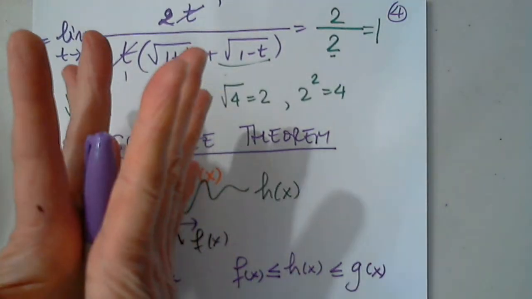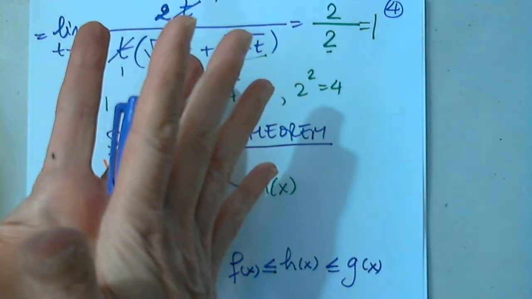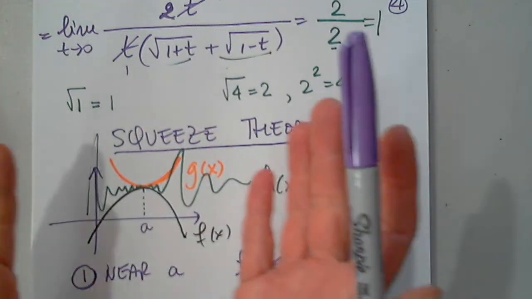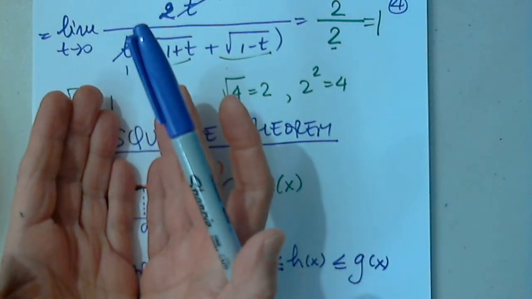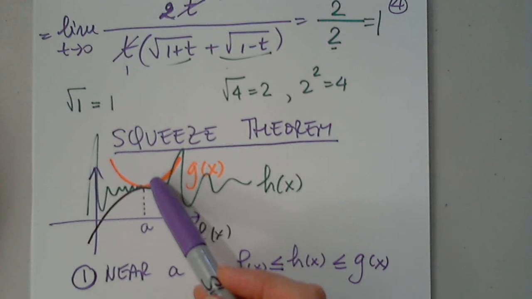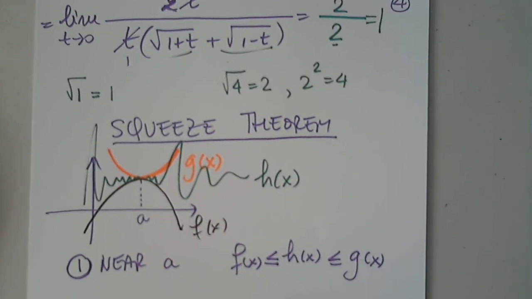Something like this. So this is above and this is below. Near a, I don't care what happens outside, but close to a, something like this. Do you agree with this? That function h is sandwiched or squeezed between the lower function, which is f of x, and the upper function, which is g of x? Yes.